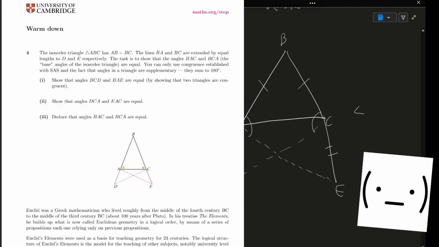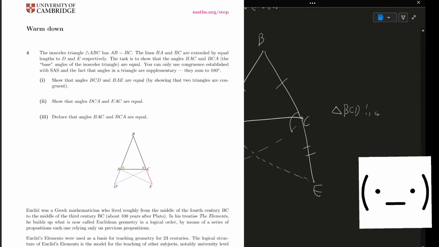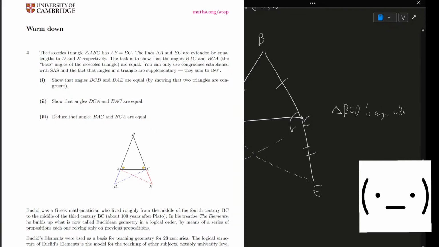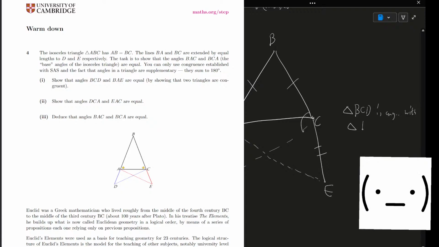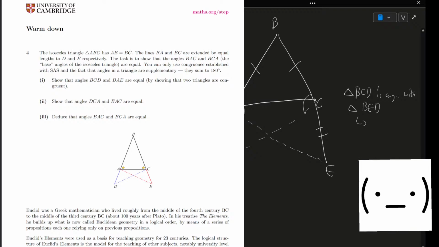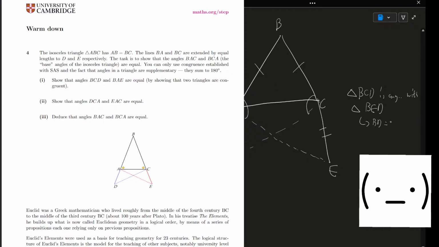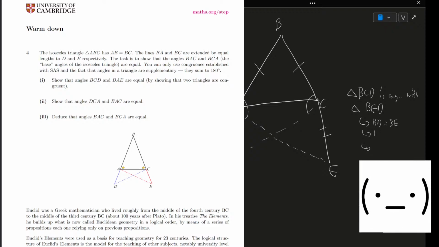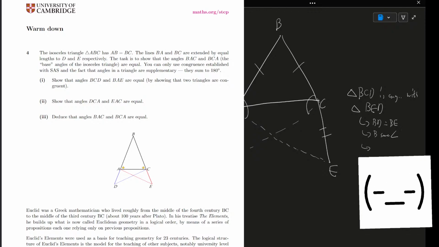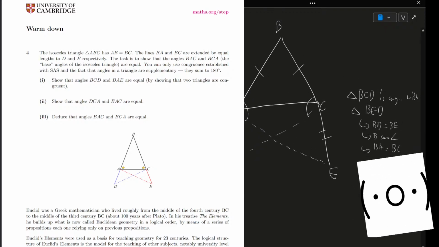So now we know that BCD is congruent with BED. Why? Because BD equals BE, B is the same angle, and of course, BA equals BC, which was provided to us. So now we know they're congruent.